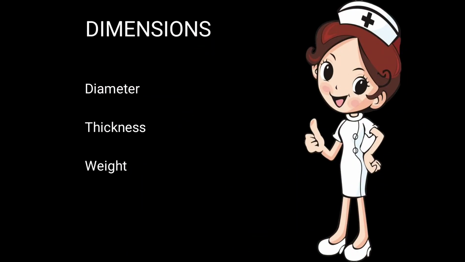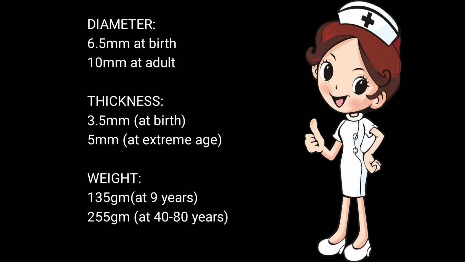So dimensions: the dimensions are diameter, thickness and weight. Let's go through it. The diameter of the lens is 6.5 mm at birth and it keeps on changing as the person becomes adult, so it becomes 10 mm. Next is the thickness. The thickness of the lens at the time of birth is 3.5 mm and at extreme age it becomes 5 mm.